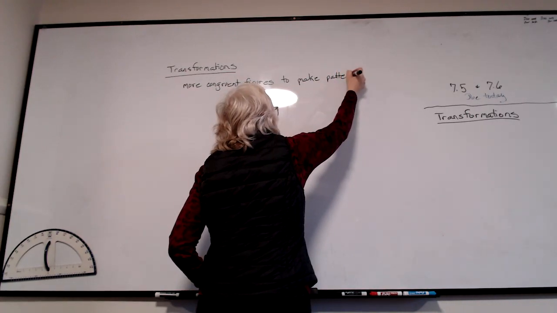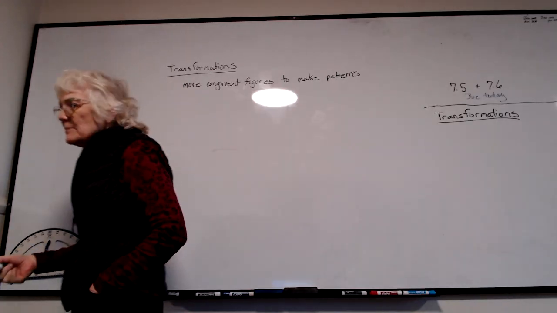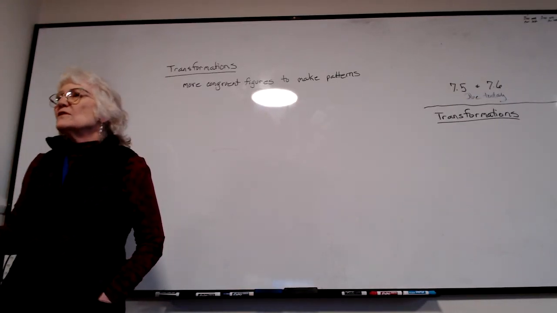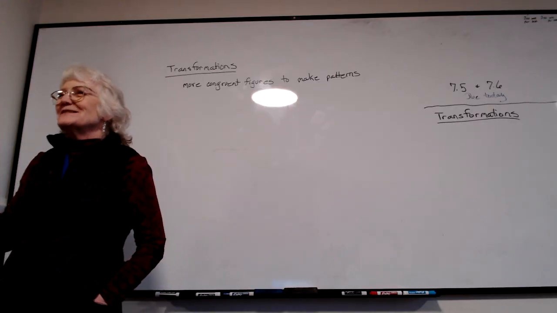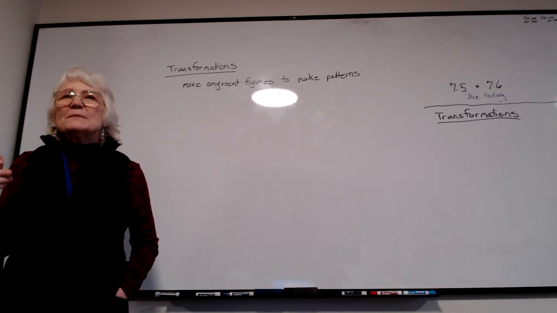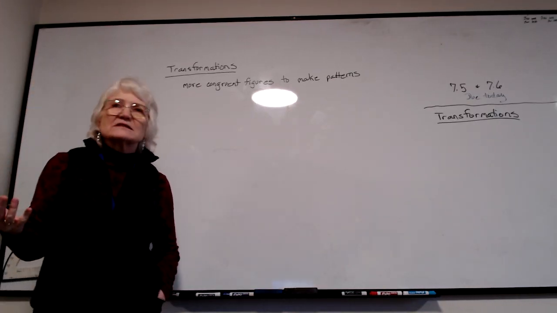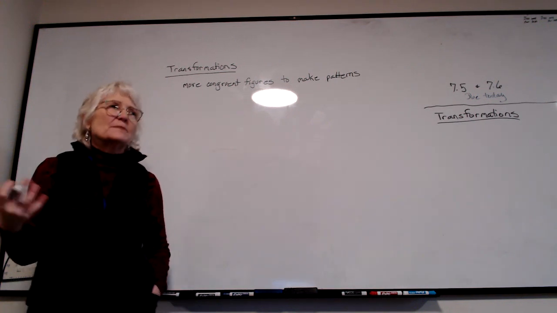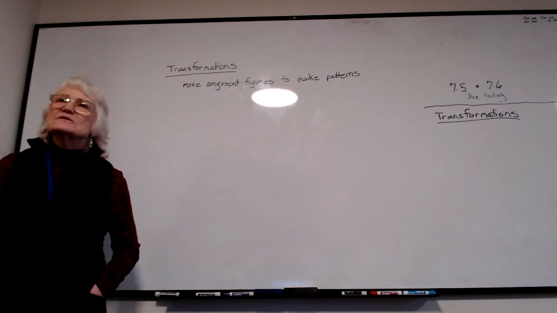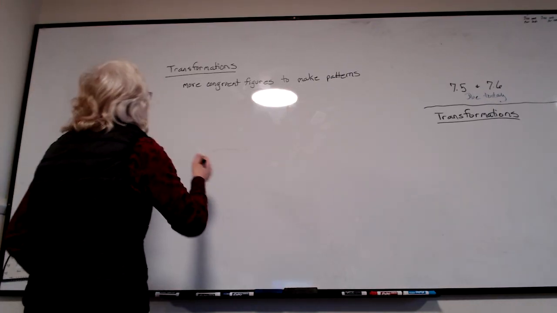Now, some of them we start very simply, so we don't move a lot of figures, we just do the basic movement to show you what it looks like. But when they make different patterns, especially tessellations that they do to cover the page, they're taking congruent figures and moving those in different ways.